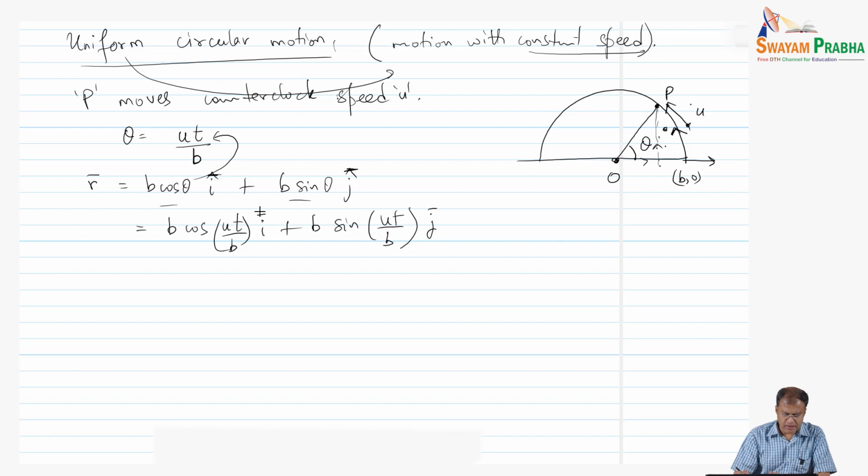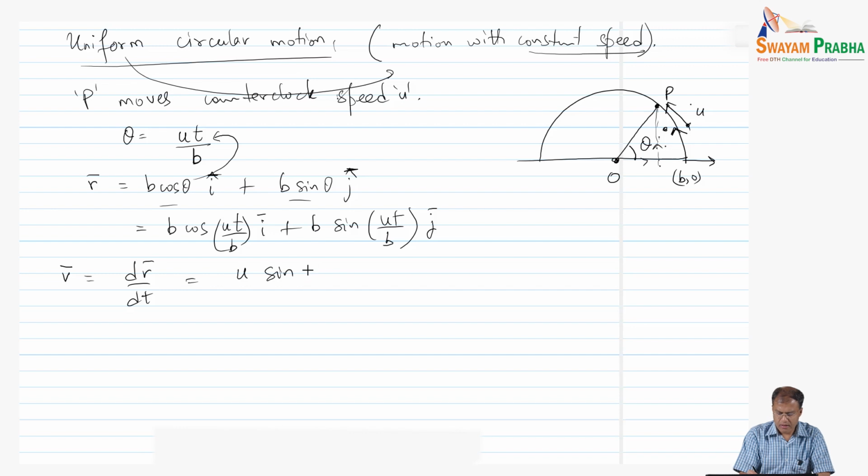To find the velocity v, it is going to be dr/dt. That involves a simple differentiation, and we use the composite rule.